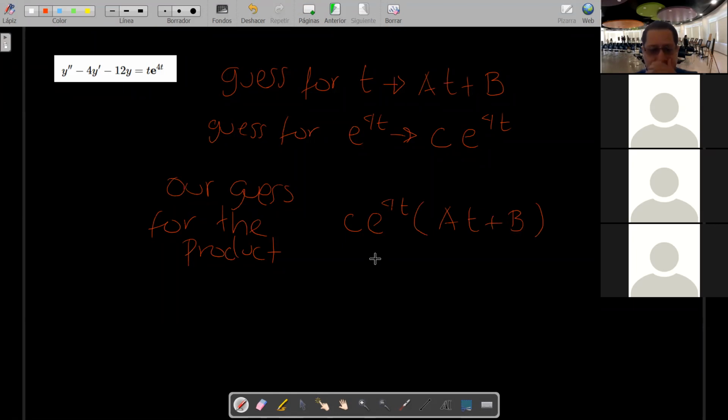Okay, the only problem with our guess is that we have three undetermined coefficients. And from this equation, if we replace this, we will get eventually only two equations. And we will have a problem because we cannot determine three unknowns from just two equations. We need three equations.